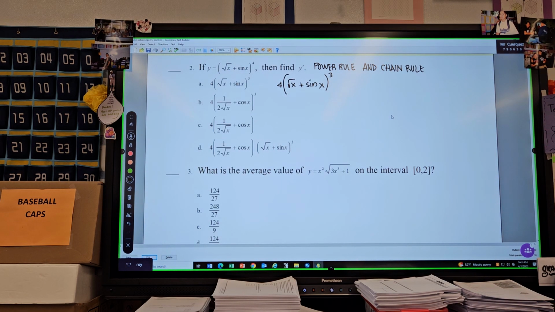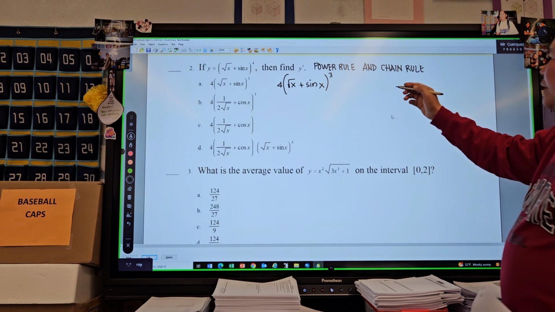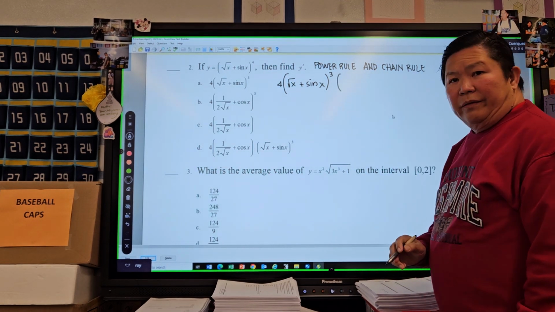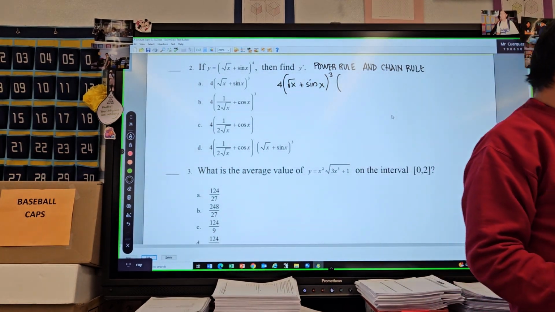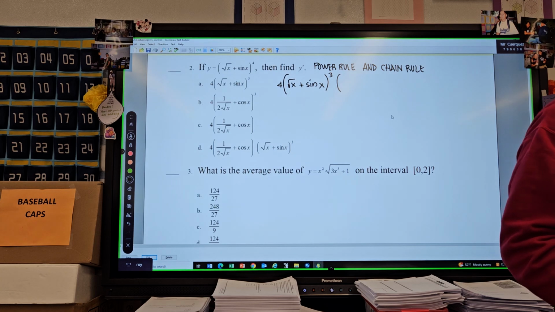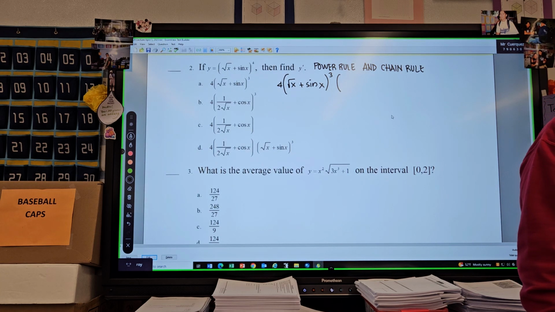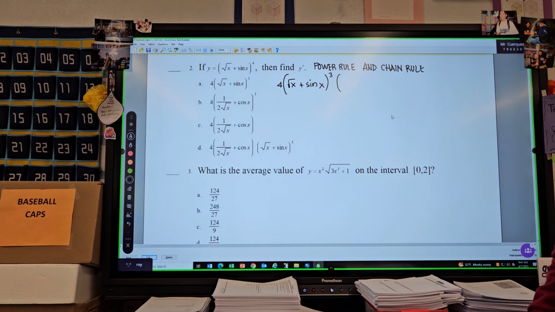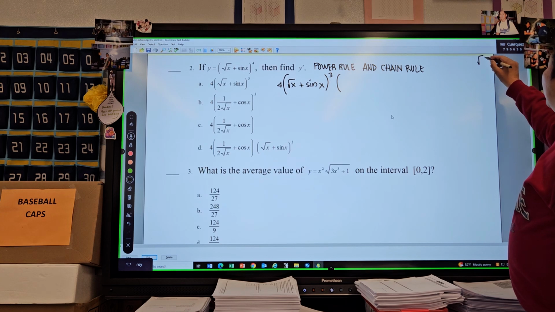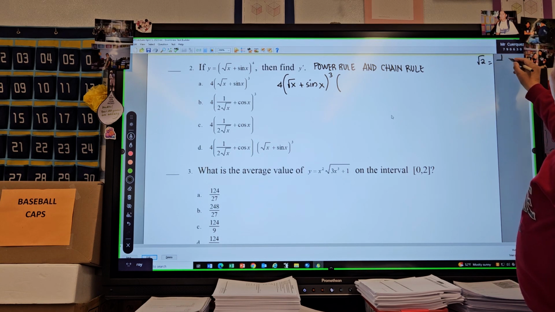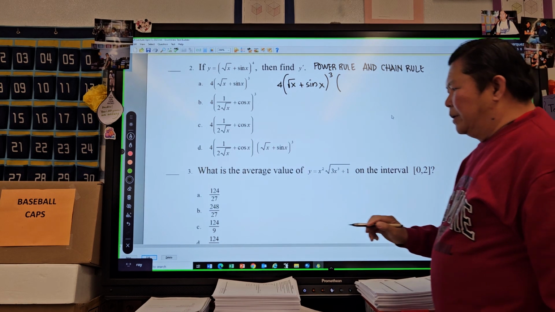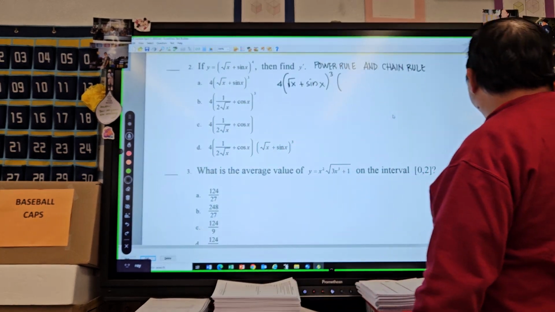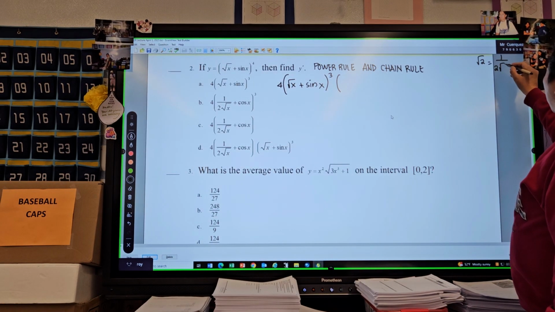And what's next, guys? Times the derivative of the inside. I already gave you the shortcut for the derivative of the square root of x. What's the shortcut? 1 over 2 square root of x.